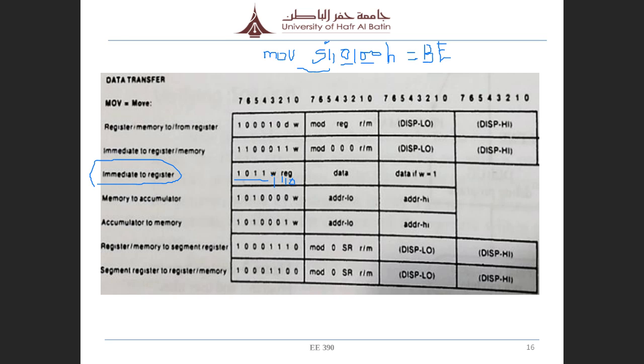Then it is about the data. As it is a 16-bit operation, the data is also in 16-bit format. Even though 100H is given, in 16-bit format it is 0100. So the second byte will be 00H and the third byte will be 01H.